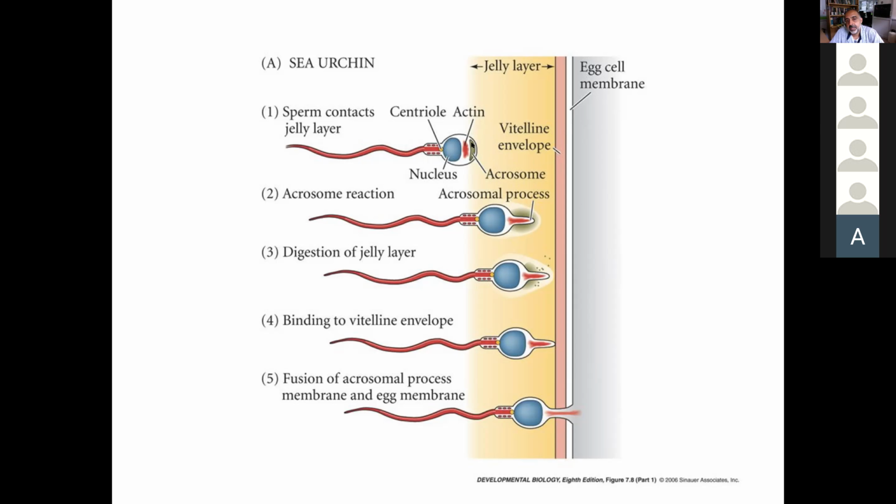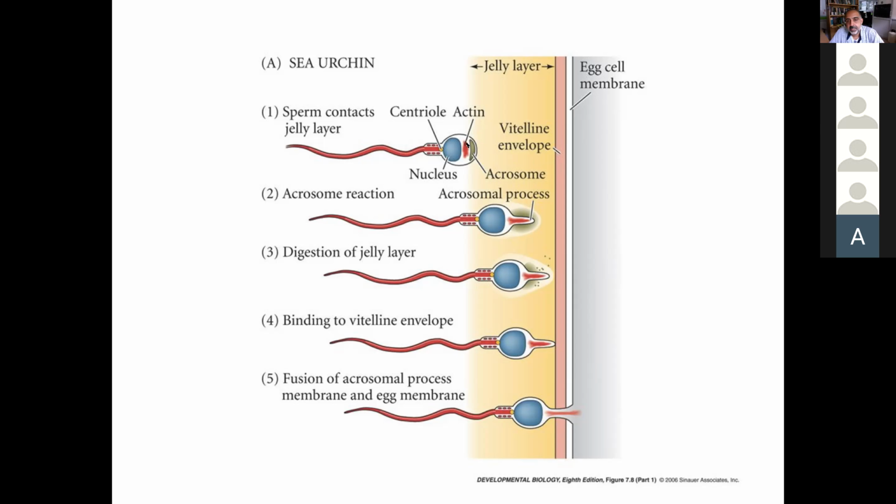Okay, and so here you can see the acrosome. Once the sperm recognizes the jelly layer, the acrosome fuses to the membrane and releases what are essentially a cocktail of proteolytic enzymes.